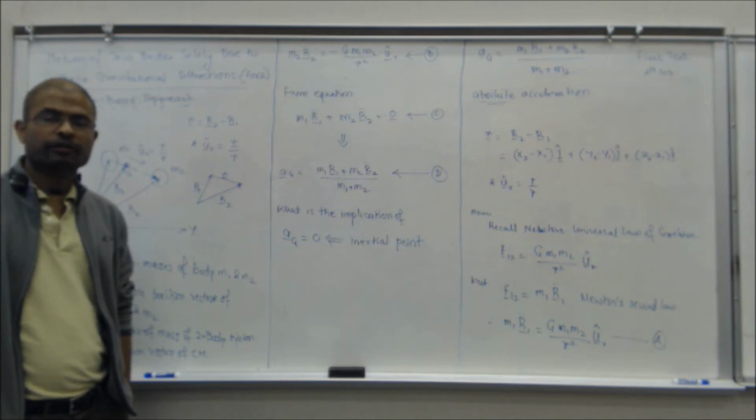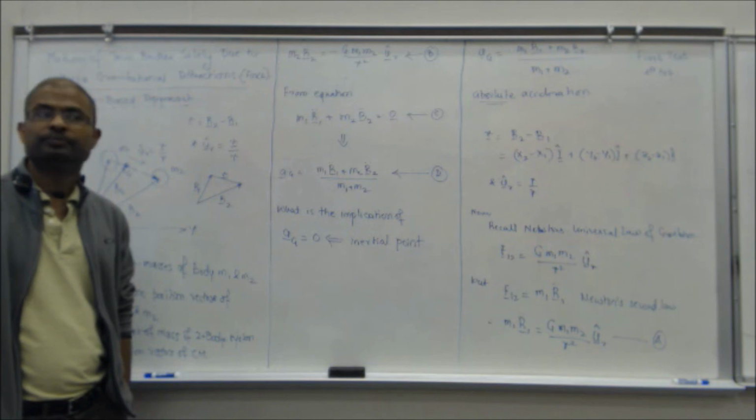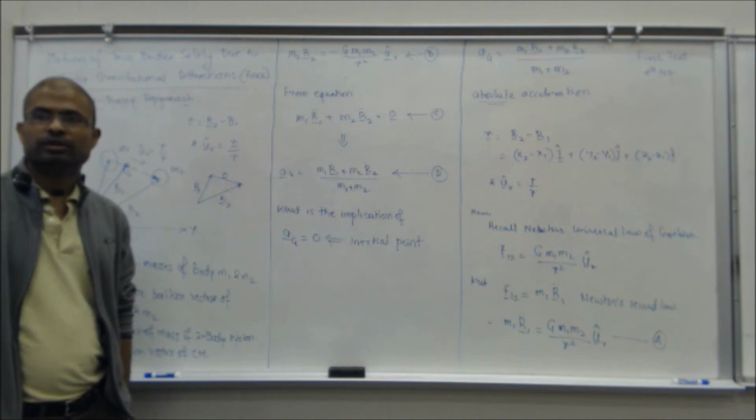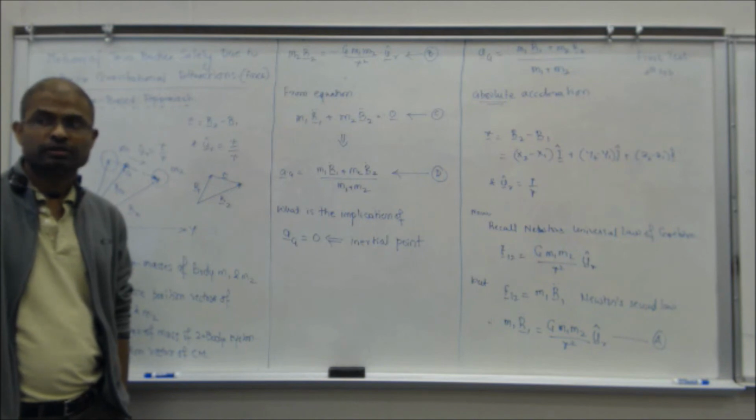What is the difference between an inertial point and an inertial frame? How do you define an inertial frame? What is a frame? It's an outline. A frame is essentially a plane. So how do you define a plane? Three points.